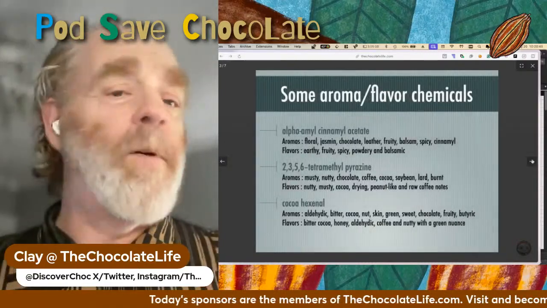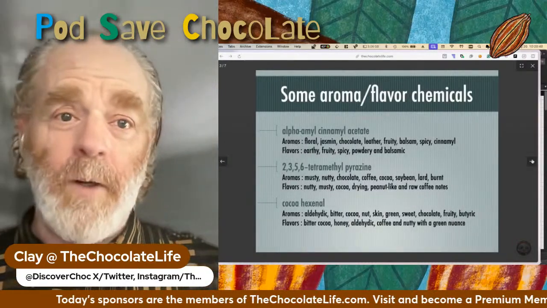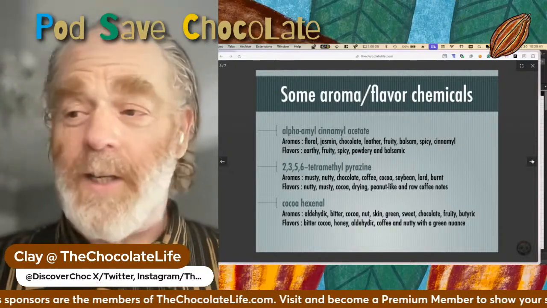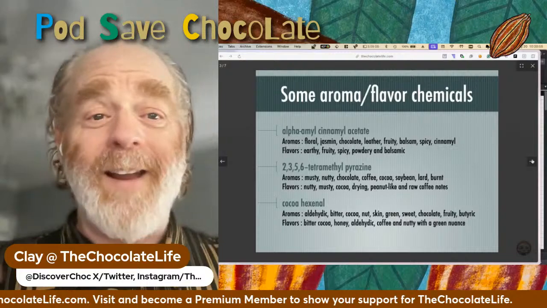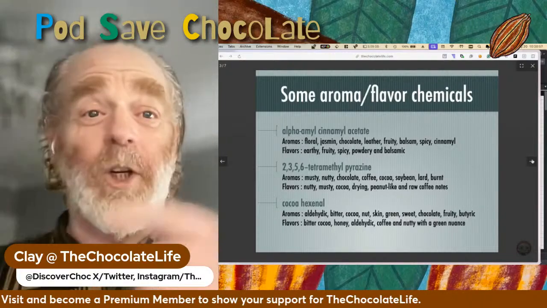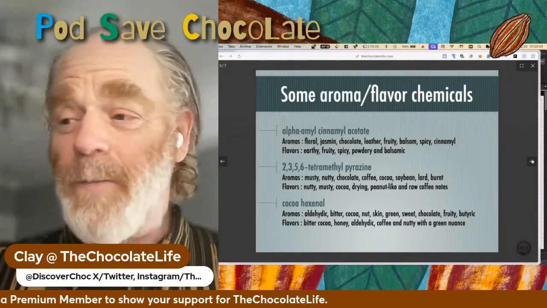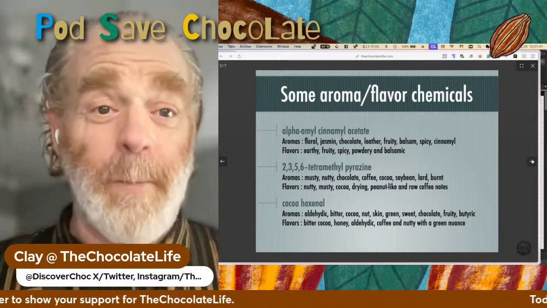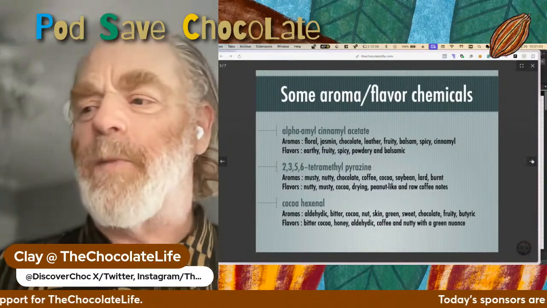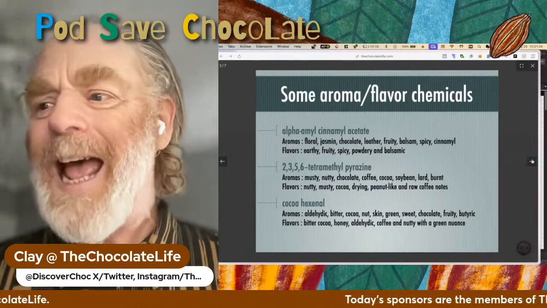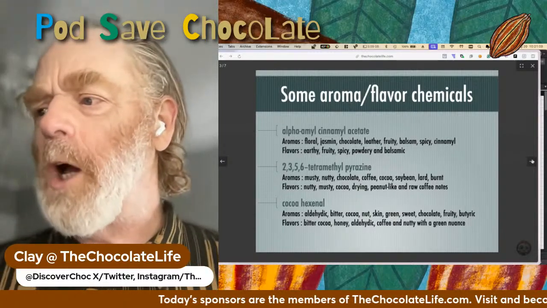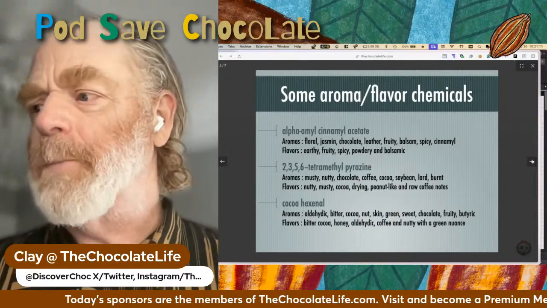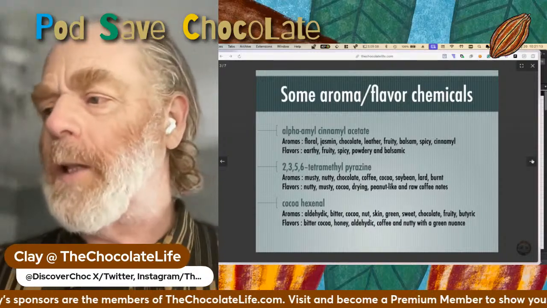So what are some aroma and flavor chemicals that are involved in this? And I mentioned 3. I got these 3 from that spreadsheet, and then I went to look up what the chemicals were in a flavor database. And so we have something called alpha amyl cinnamyl acetate, and its aroma is floral, jasmine, chocolate, leather, fruity, balsam, spicy, like cinnamon.